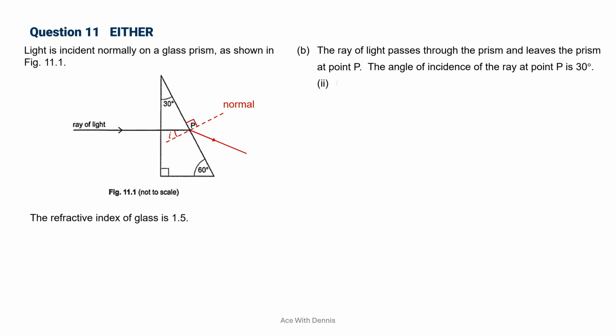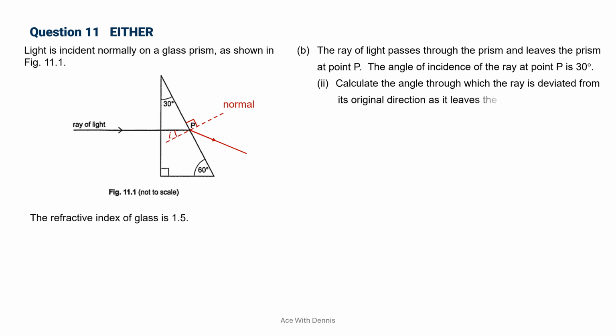Part 2. Calculate the angle through which the ray is deviated from its original direction as it leaves the prism. Show your working. 3 marks. Okay, to answer this question, we can use the formula n equals sine I over sine r.